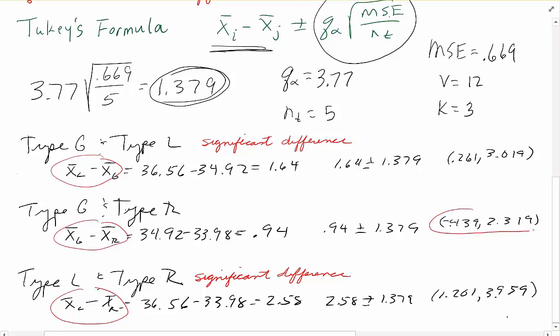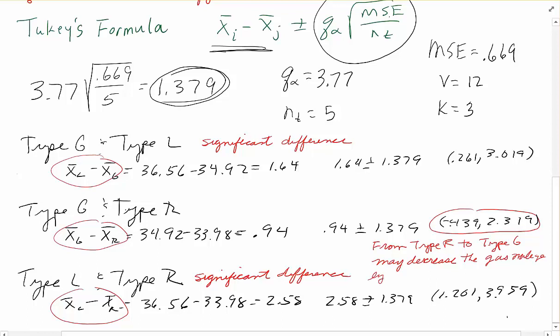Notice in this one right here, from type R to type G may decrease the gas mileage by 0.439 miles per gallon, or might increase the gas mileage by as much as 2.319 miles per gallon.